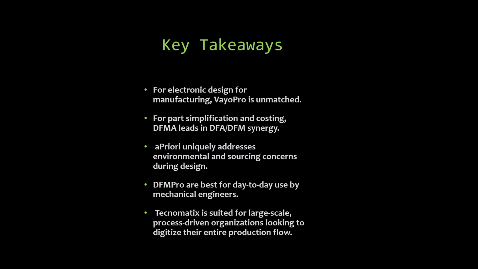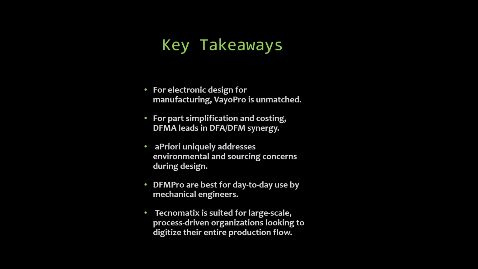Alrighty, so our last and final slide here is the key takeaways from each of these platforms, starting with the Veo Pro. It's built for PCB design. It catches issues like pad spacing, soldering defects, and component collisions before prototyping by using their 1500 rule checks, which is ideal for an electronics team aiming to cut rework and improve first pass yield.